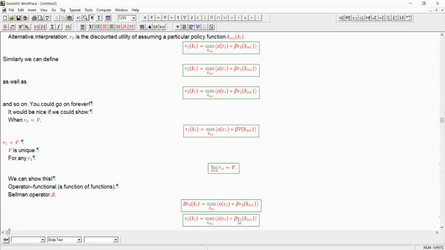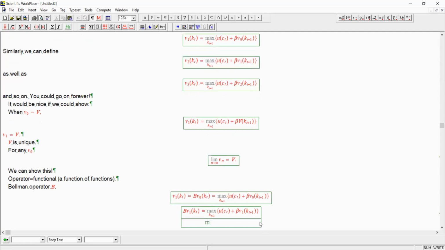Now let's take this next iteration by the same token. We can say that given V1, what we get out of here is B of V1. And notice that, of course, V1 is equal to this.